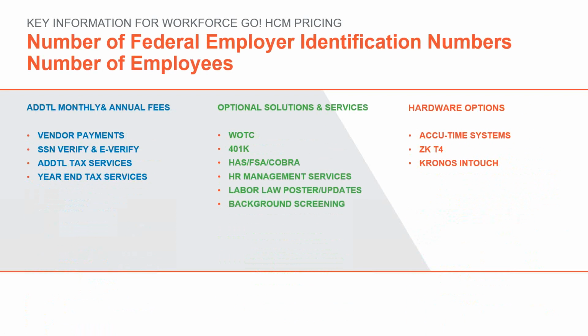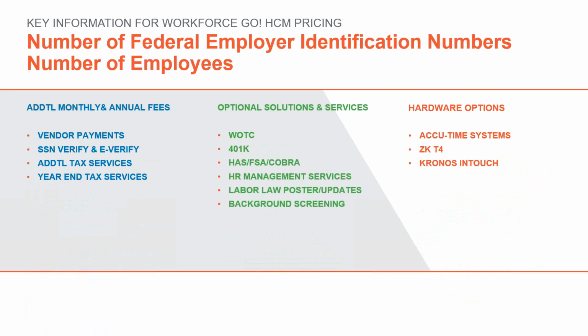These are options or additional items available to organizations. Those can include vendor payments, which is us here at Workforce Go actually issuing vendor payments as part of payroll. You can do Social Security verification as well as E-Verify within the solution itself.